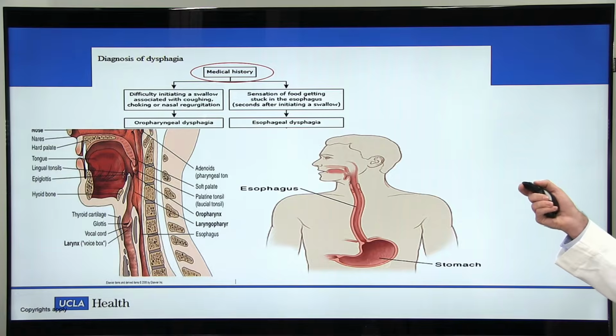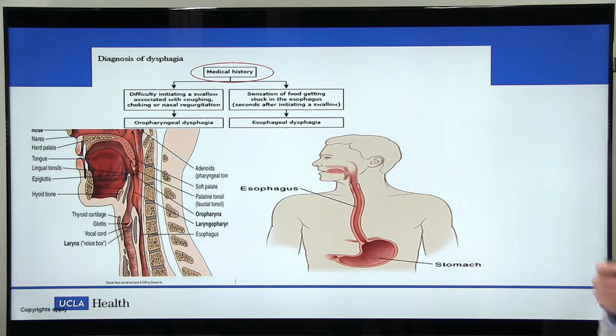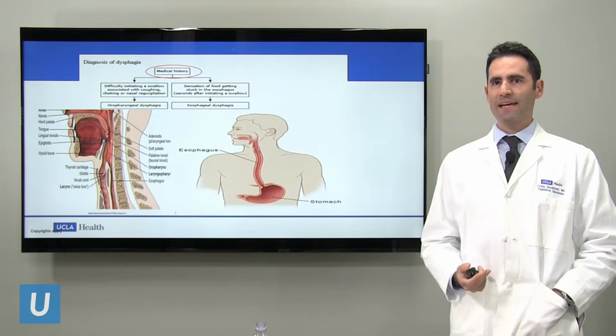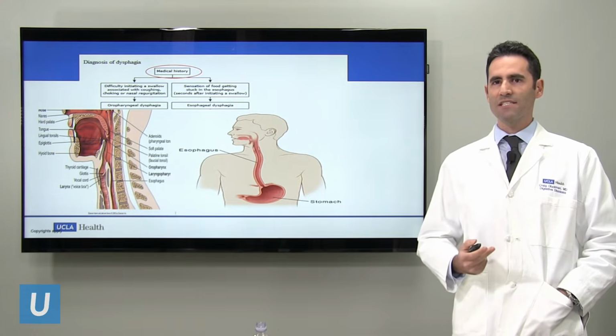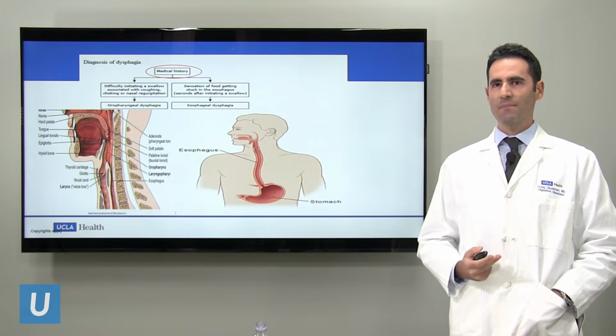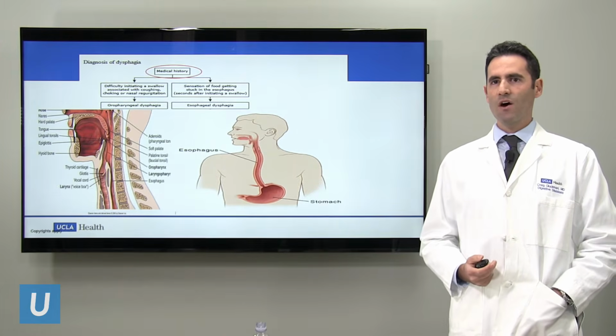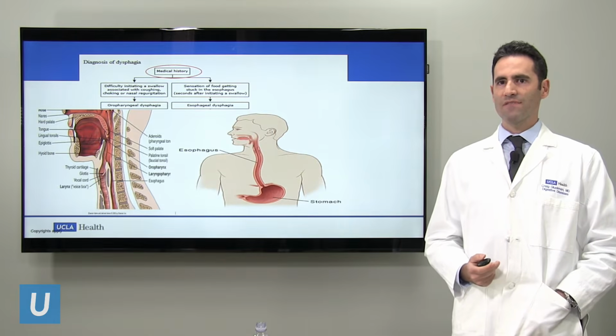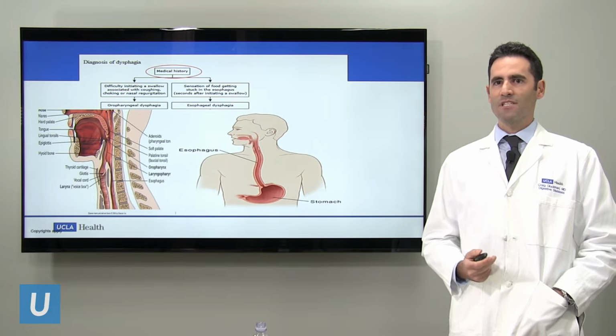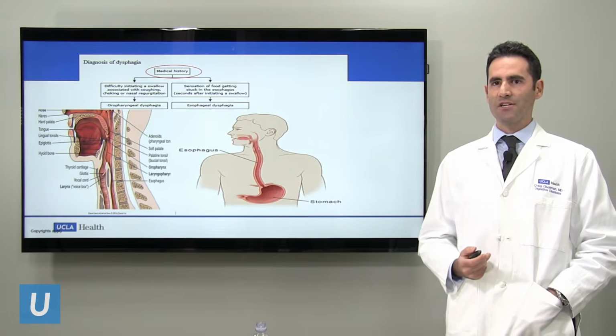At the top, I've highlighted a medical history, and every time we see a patient, a medical history is vitally important, but especially in a patient with dysphagia, if you can really spend that extra 2 or 3 minutes in really asking what the patient means when they talk about trouble swallowing, that can go a long way in determining which kind of dysphagia we are dealing with and what's the next test and investigation that we need to do.